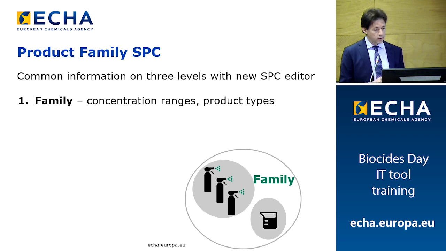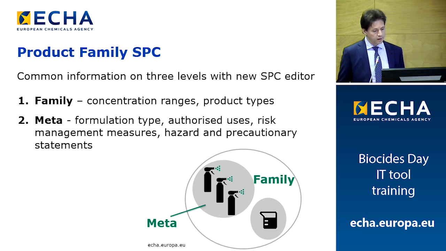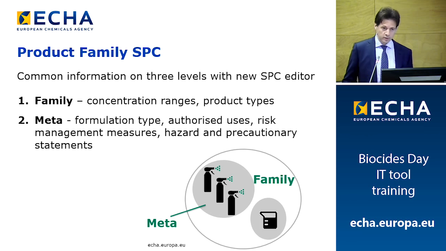And this you will have to fill in only once in the SPC that is required for your application, because it's common to all. Then, if there are different types of formulation, different authorized uses, risk management measures, hazard and precautionary statements, you will be able to put this information into the so-called meta level, which will group or subgroup some products, a group of products with these common characteristics.